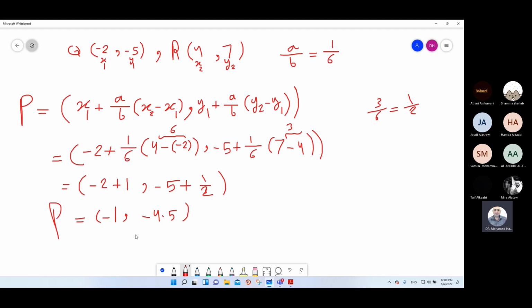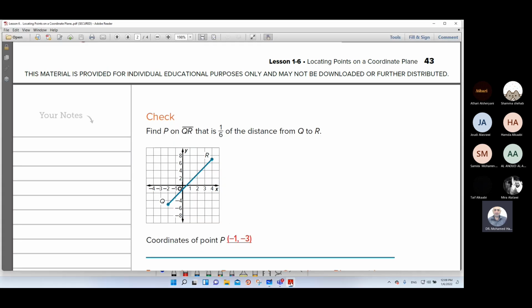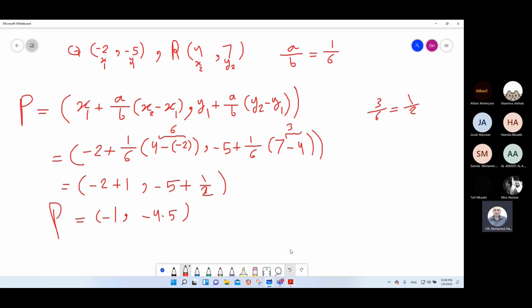Now go back to the coordinate. Negative 1 in x, negative 4.5 in the y. So we have here negative 1. Where is negative 1? This is negative 1 and negative 3 or negative 4.5. And here in this example we have negative 3. So let us check the solve.